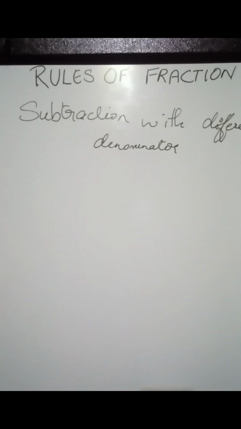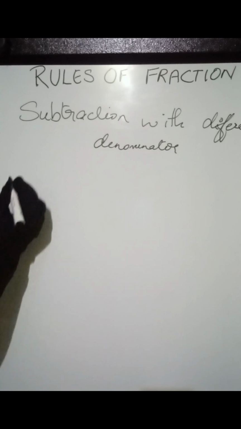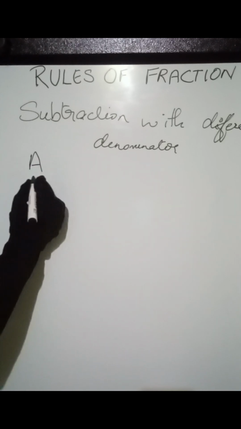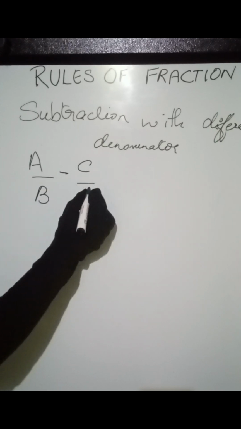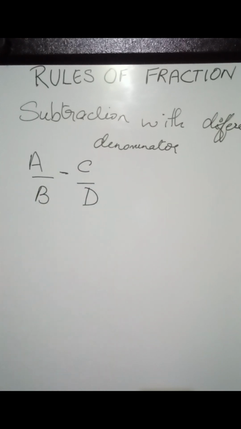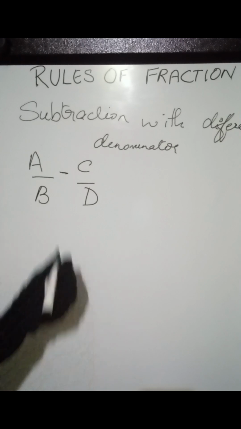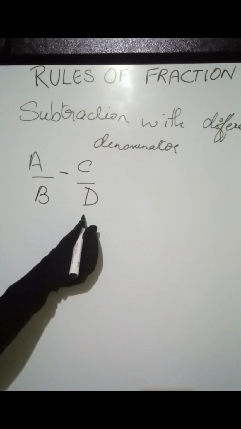Now let's see subtraction with different denominators. For this, if you have A by B minus C by D, here again, just like addition with different denominators, you have to make the denominators common.